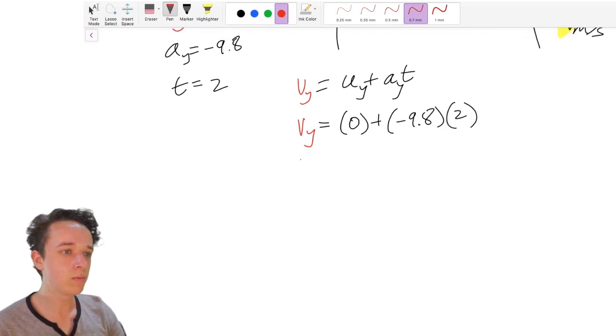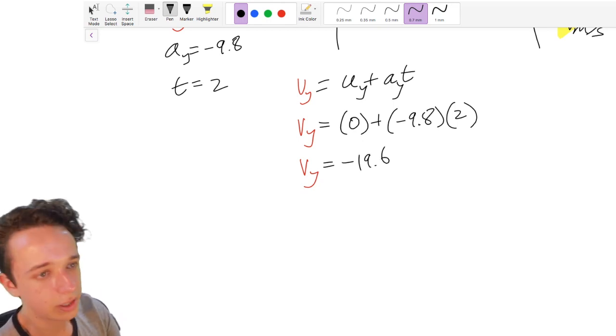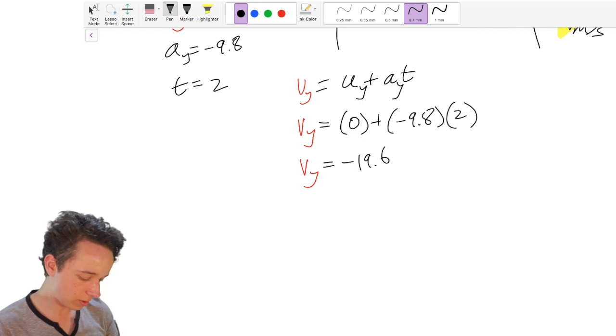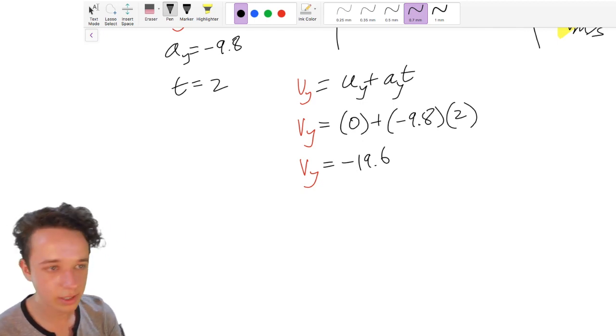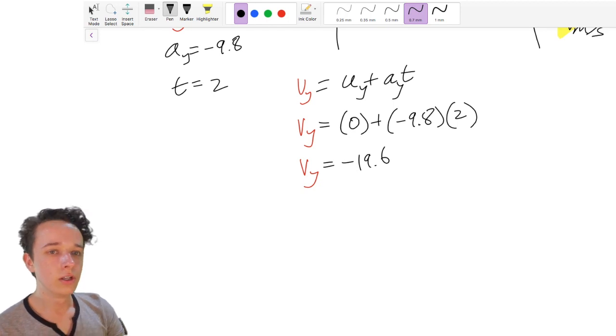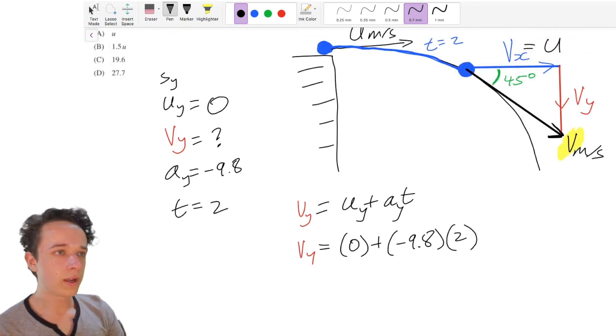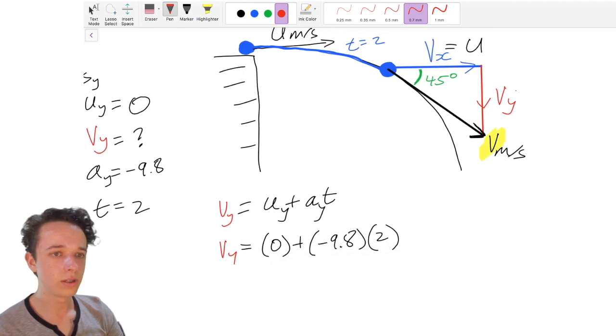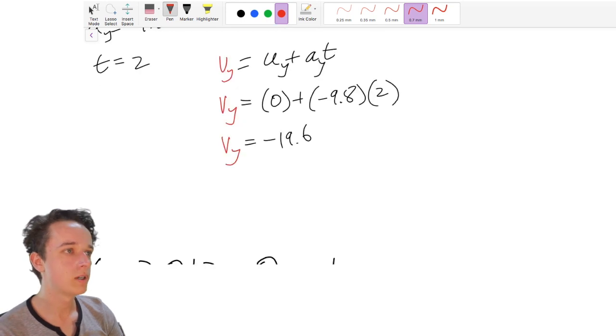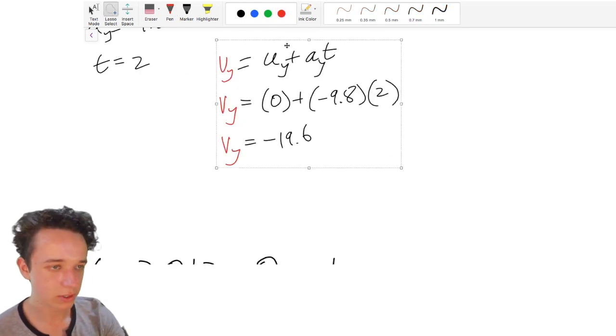So now we have that Vy is equal to, I think, negative 19.6. Let me check that. Negative 9.8 times 2. Yes, it is negative 19.6. So now we have an expression for Vy: Vy equals negative 19.6 meters per second. All right, and I'll remove all of this.